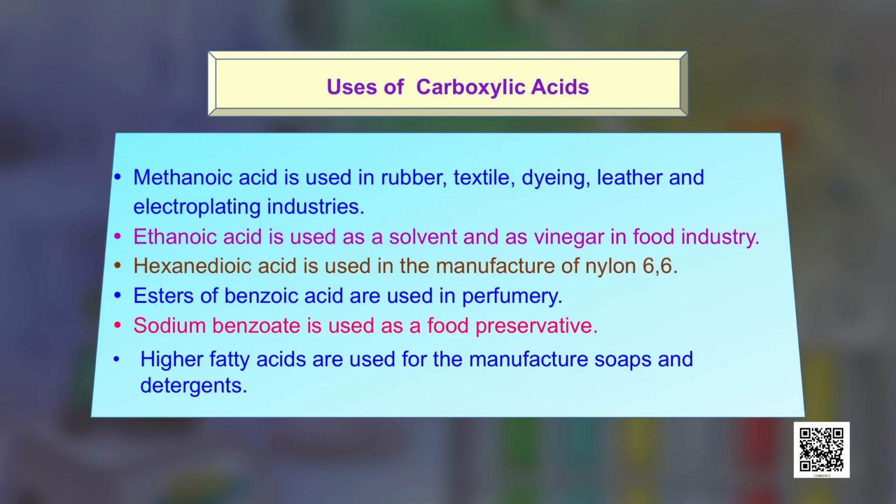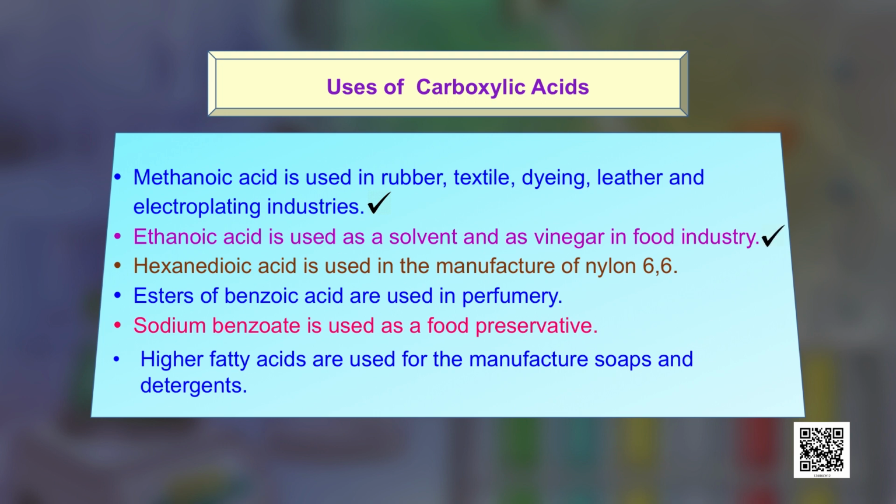Having understood the important reactions of carboxylic acids in detail, let us have a glance at their uses. We will explain some uses of important carboxylic acids here. Methanoic acid is used in rubber, textile, dyeing and other important industries such as the leather industry and electroplating industry.